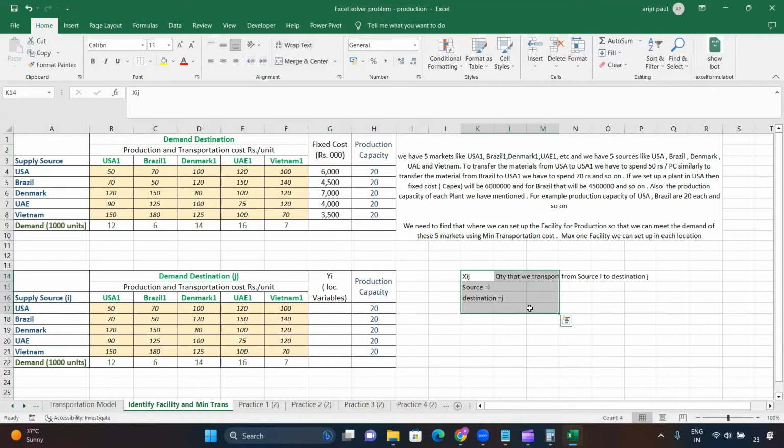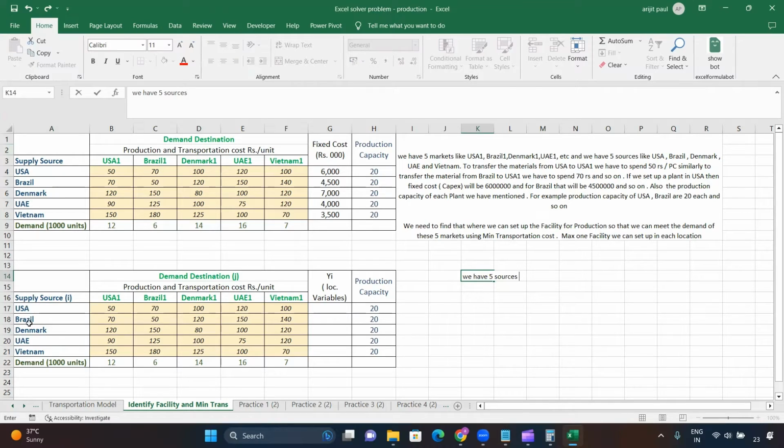As per this given problem, we have 5 sources, which are USA, Brazil, Denmark, UAE, and Vietnam. And we have 5 destinations of the markets. These are the 5 destinations: USA, Brazil, Denmark, UAE, and Vietnam.